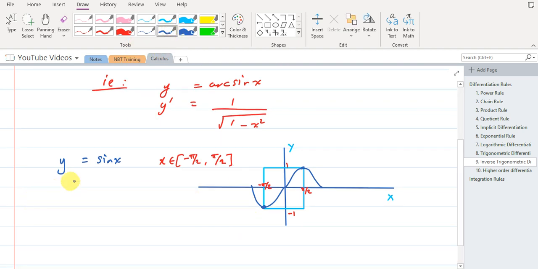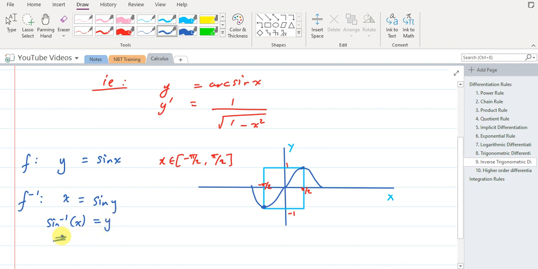So this is the function f, and to find f inverse, what we usually do is swap the x and the y. So we say x is equal to sine y. Now how do you solve for the angle? We say sine inverse x is equal to y.